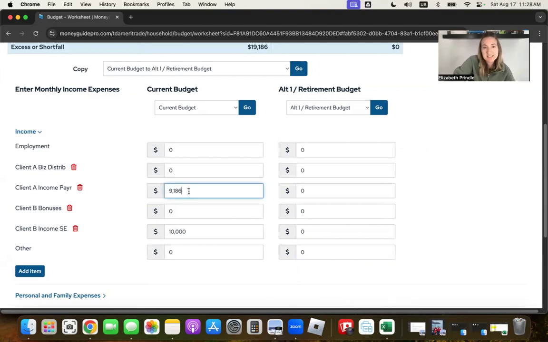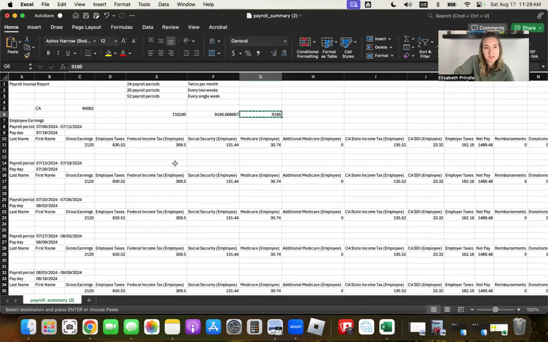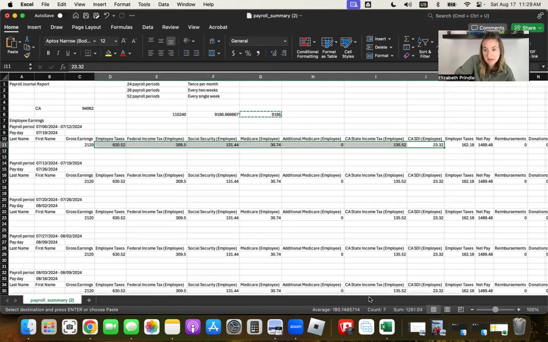I also just realized this. I put in the net pay here, but I think for this exercise, oh no, I didn't. I put gross earnings. So gross earnings is before anything comes out of the paycheck. Net earnings, here, net pay, is gross earnings and then subtracting the employee taxes. So the employee tax lineup right here, 1,261 subtracted from 2,120.